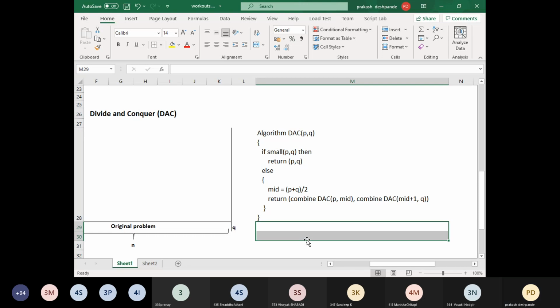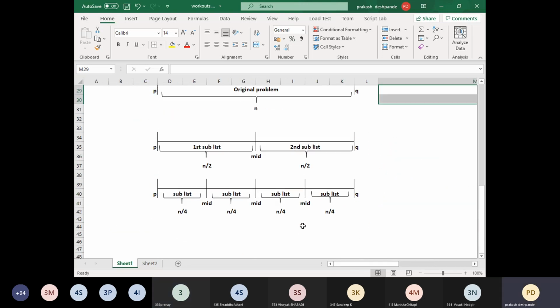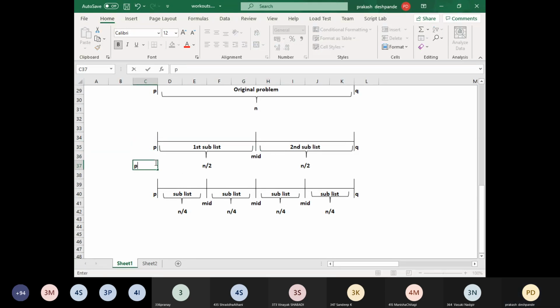Understood? Yes, sir. Now see here, when we divide it for the first time, this is the first list, this is the second list. Now P and mid will be called by what? The new value of P is P itself, and the new value of Q is mid here.